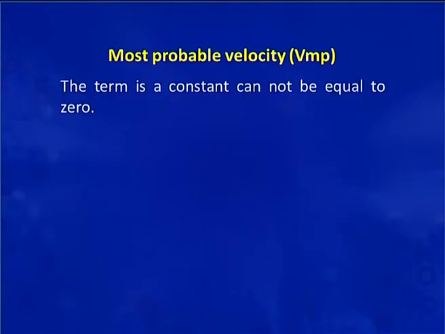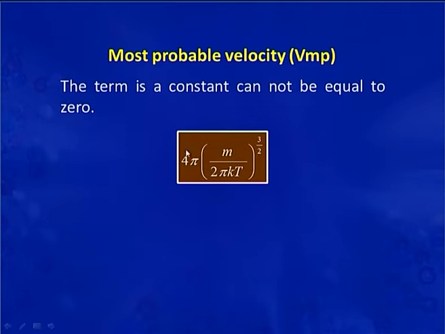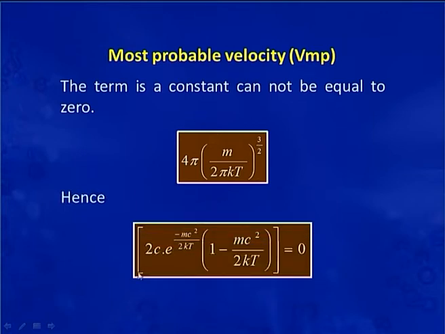The term 4π(m/2πkT)^(3/2) is a constant here and cannot be 0. Hence 2c · e^(−mc²/2kT) · (1 − mc²/2kT) = 0.